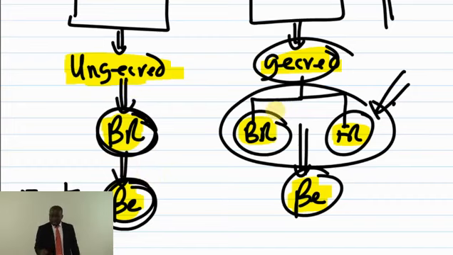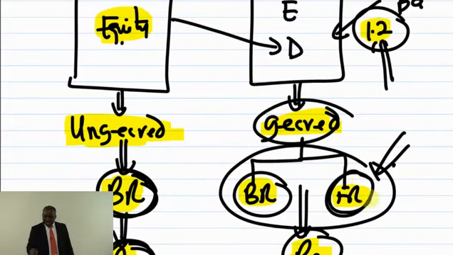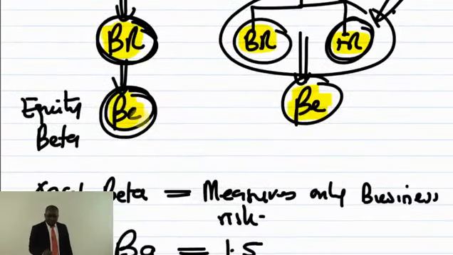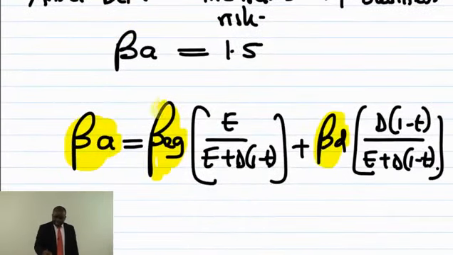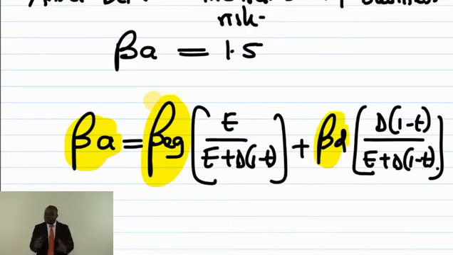Because I have moved to have financial risk, I would have to bring in that financial risk. So I have to convert the business risk beta alone to a beta which measures both business and financial risk. That beta that measures both is what is called the geared beta. So that is how the movement is going to be.